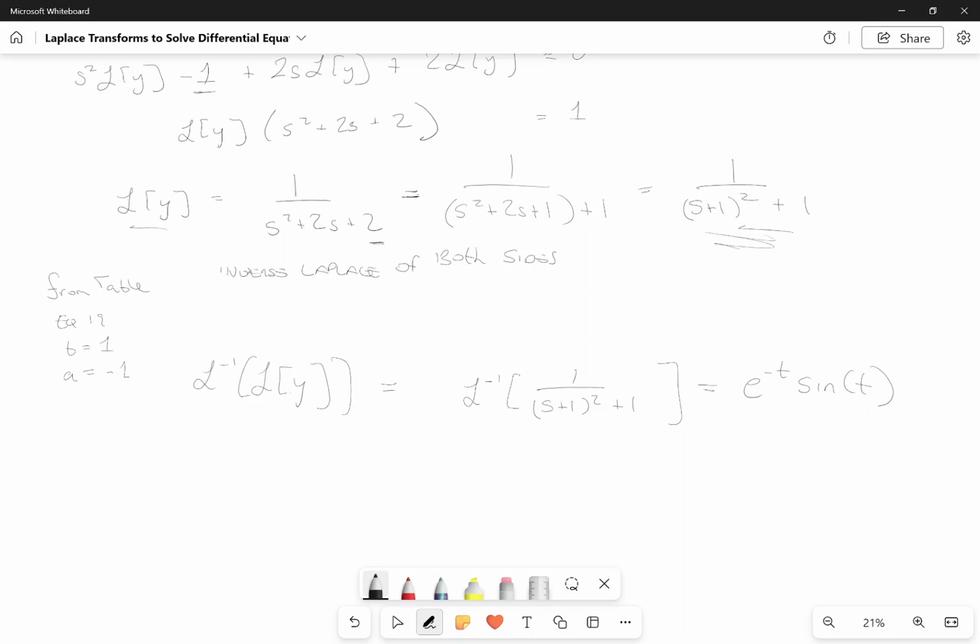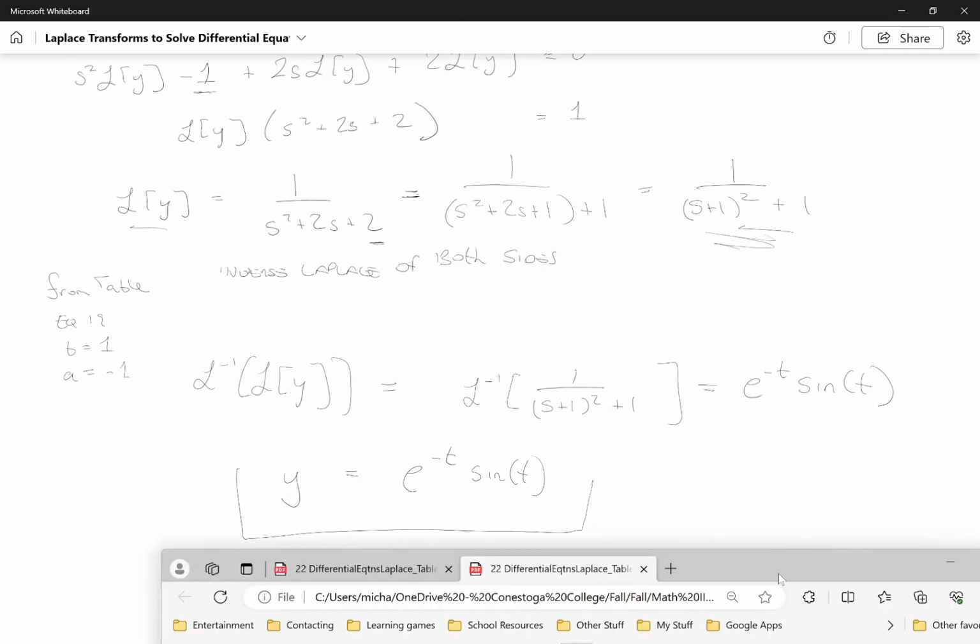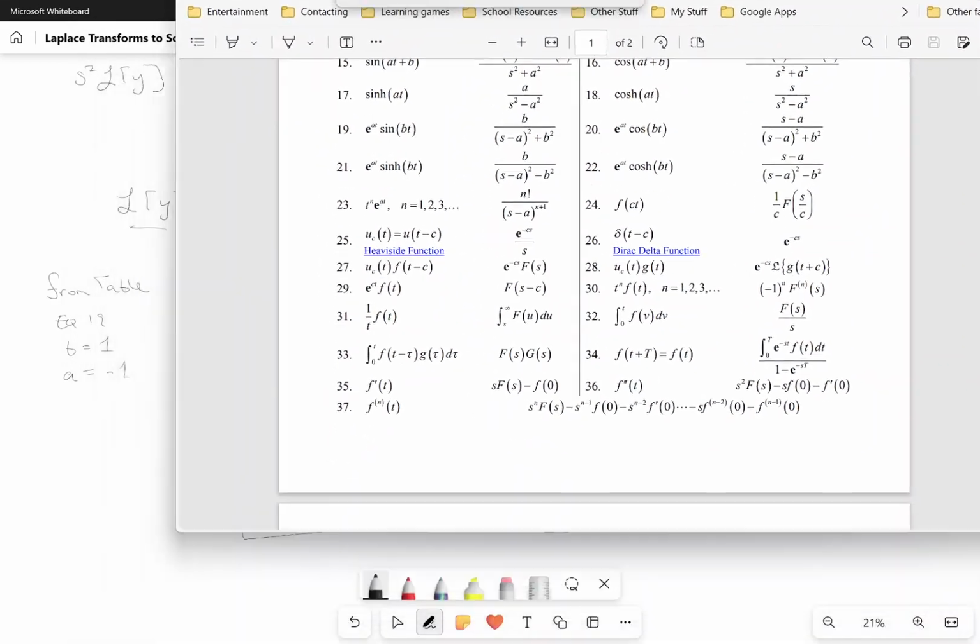What does that mean? Well, that's just y equals e to the negative t sine of t. And that is the solution to the differential equation. It's quite literally that simple.